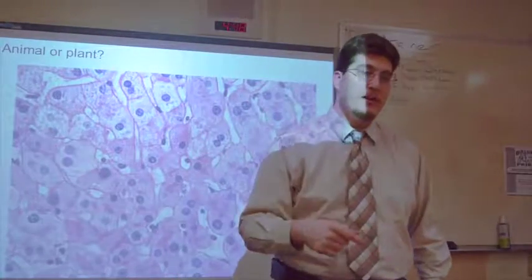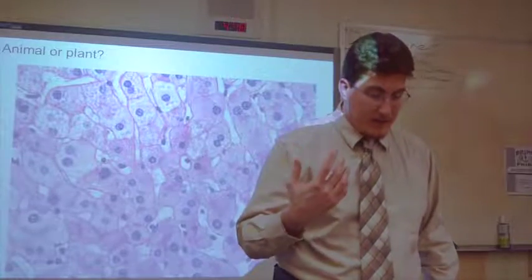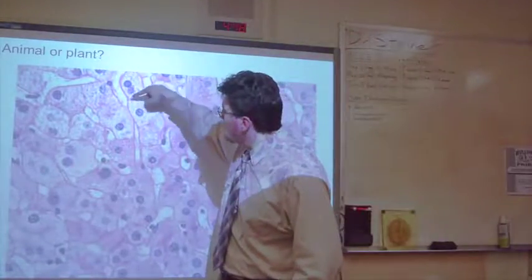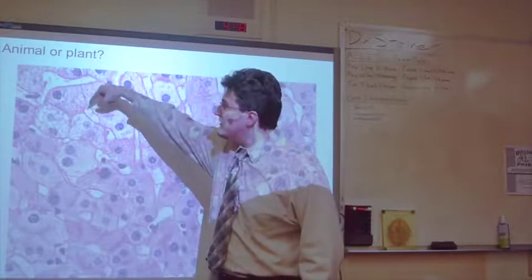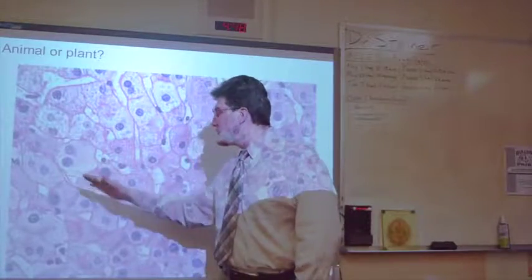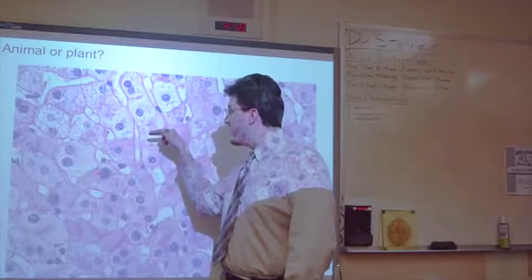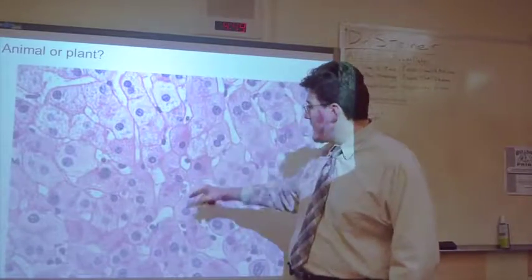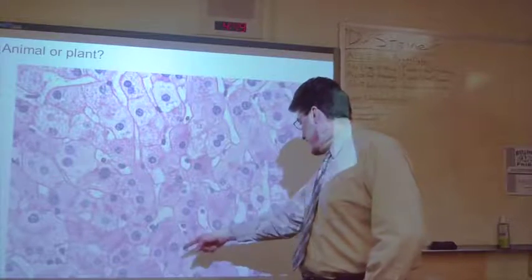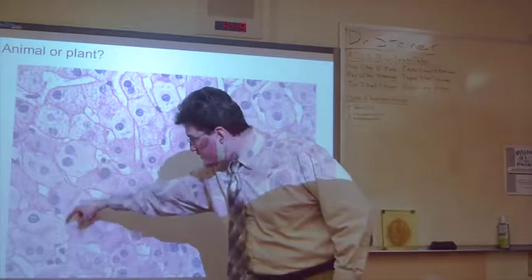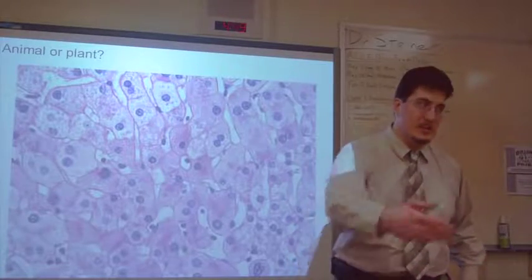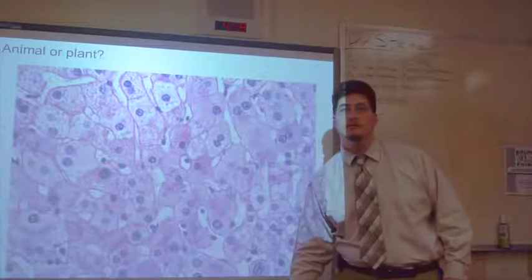An observable feature, I'll take it back. The observable feature is that there is no space between cells. The cells themselves are butting up right against each other with no middle lamella or individual intercellular spacing, which indicates a lack of cell wall.